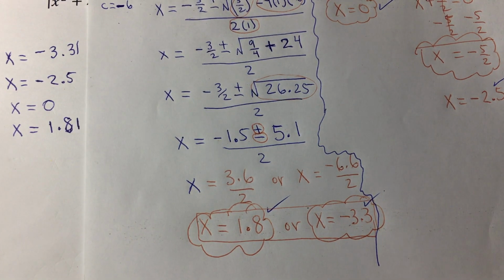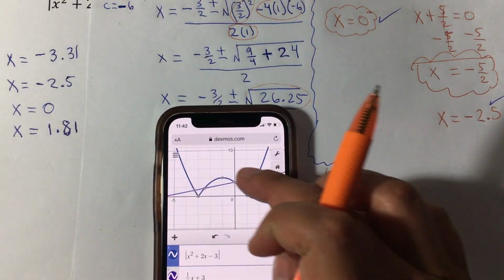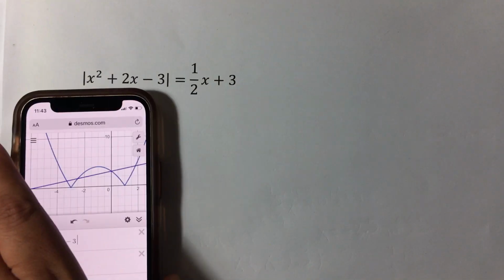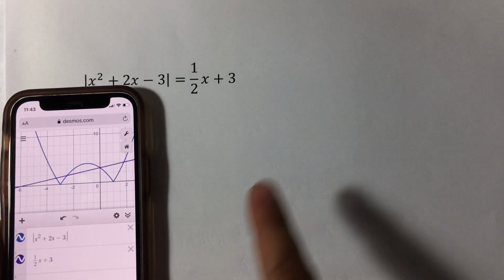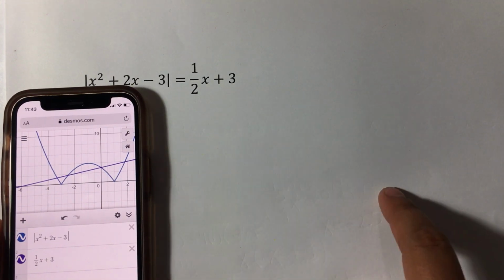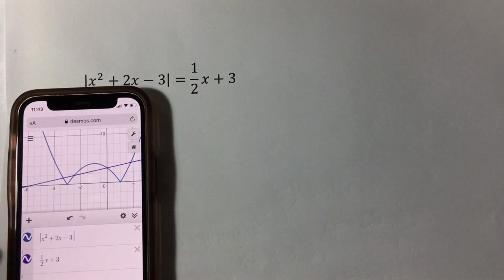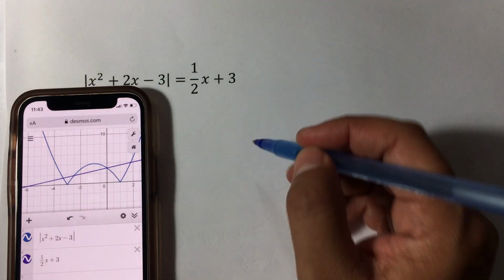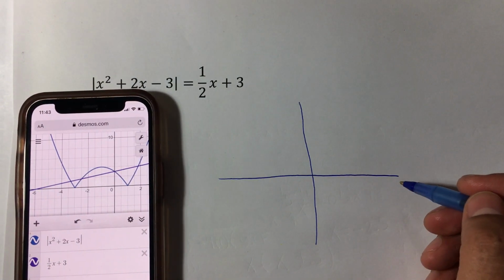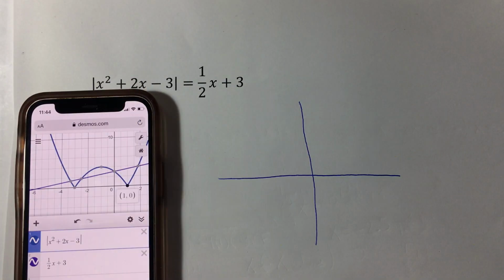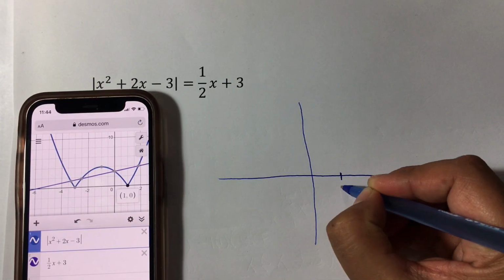Now let's just sketch the graph. In your homework, you can do it in whichever order. You can do the algebraic first and then the sketch of the graph, or you can just sketch the graph and then prove it with your process. Okay, so for the sketch, it's a +1.